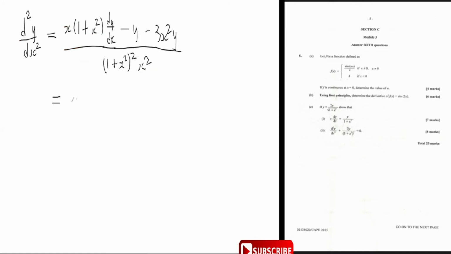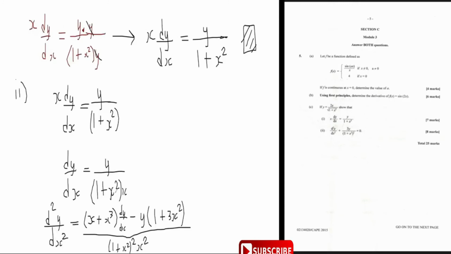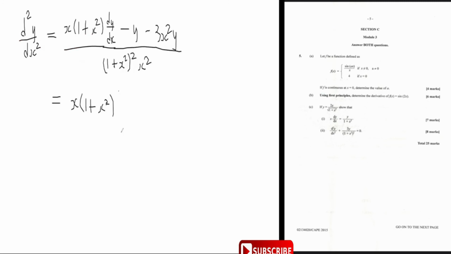So I'm going to make a big substitution. Pay close attention. It's x times (1 plus x squared), and we had said that dy by dx is equal to, let's go back and look at it, y over (1 plus x squared) times x. So dy by dx is y over (1 plus x squared) times x.